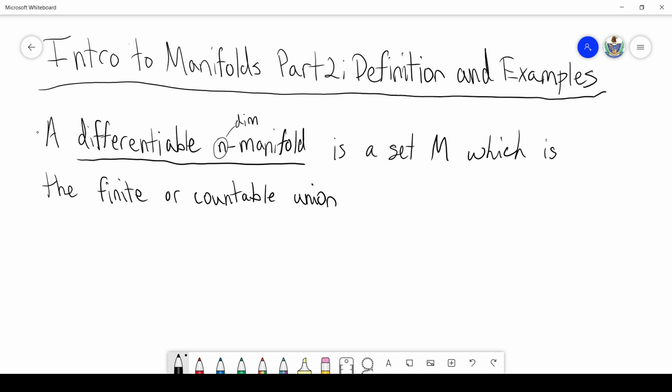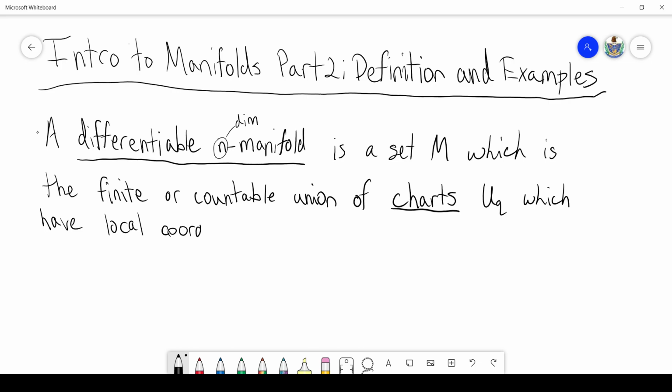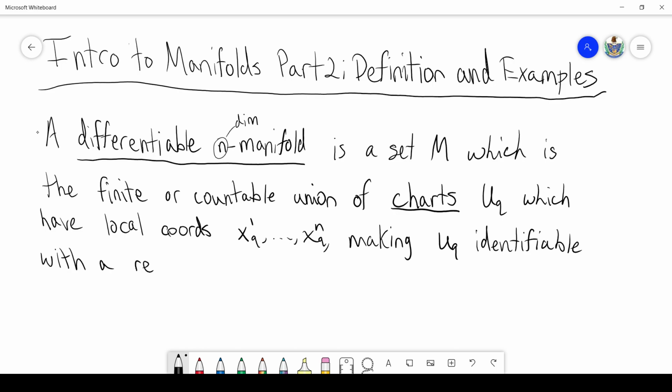It's a union of charts U, which we'll denote U sub Q, which have local coordinates x1 all the way to xn, making the chart UQ identifiable with a region of n-dimensional Euclidean space. A region of Rn.